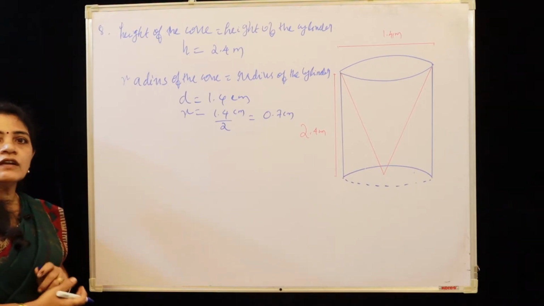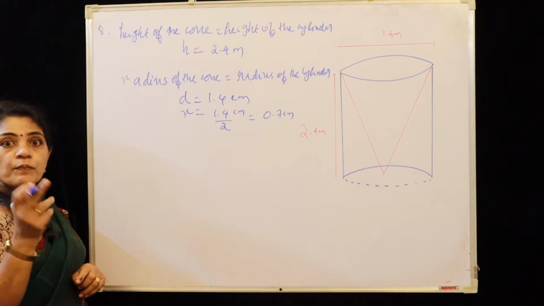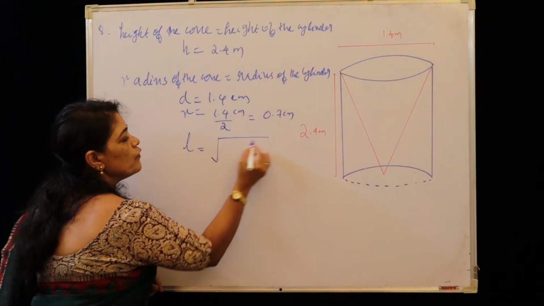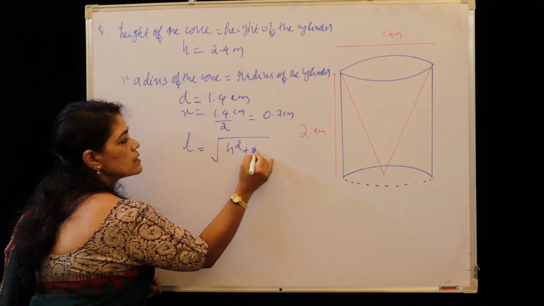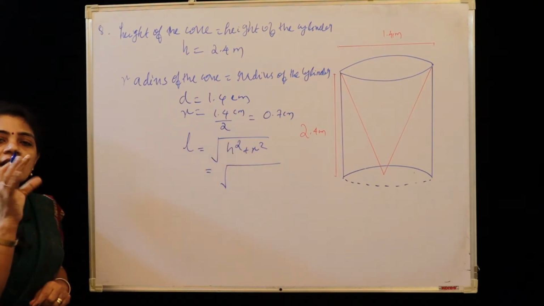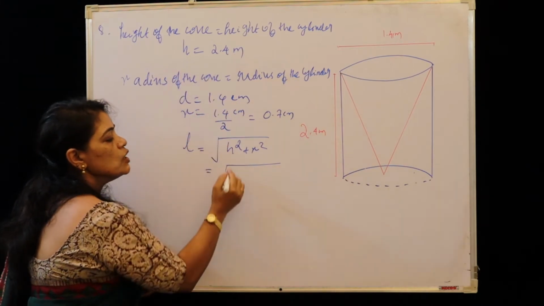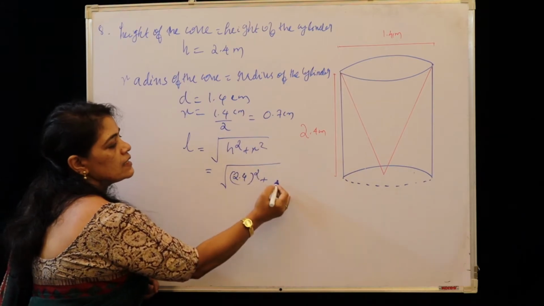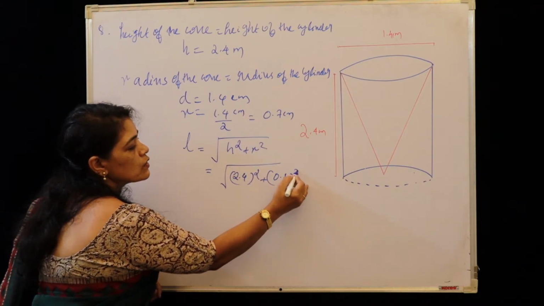And we have to calculate the slant height because of pi RL. So slant height L is equal to root of h square plus r square. That is root of, for cone and cylinder, the height is the same, given as 2.4 square, plus radius 0.7 whole square.